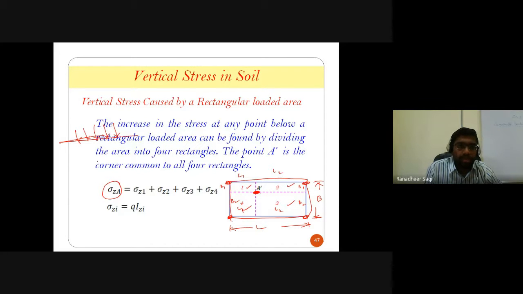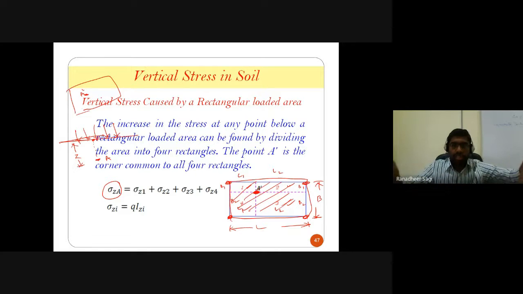So the particular point where I am interested in calculating the vertical stress is at a depth of z meters below the ground surface in the sectional view. In the plan view, the projection of this point A onto the loaded area is indicated as A dash.